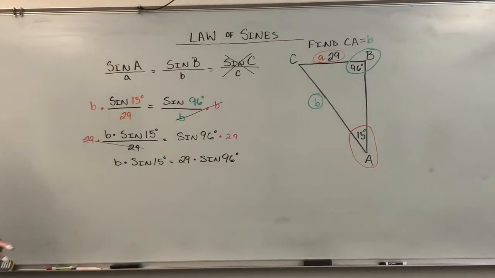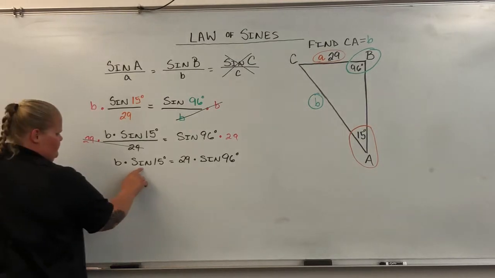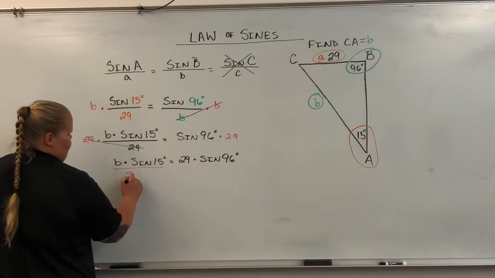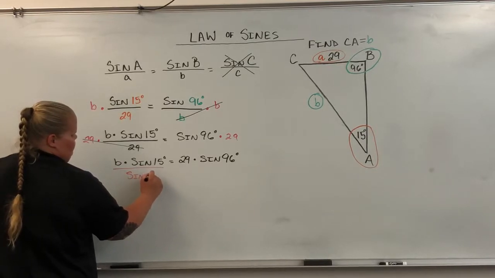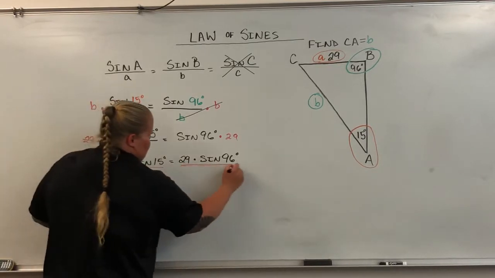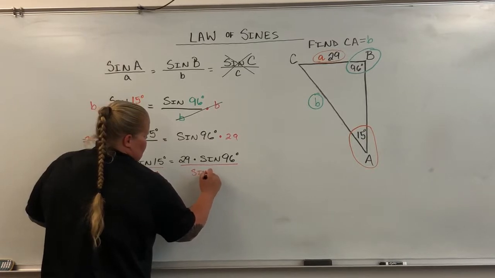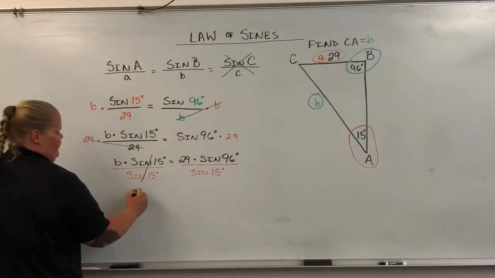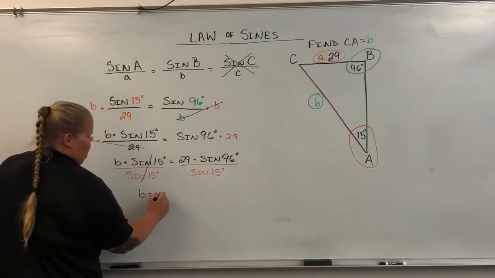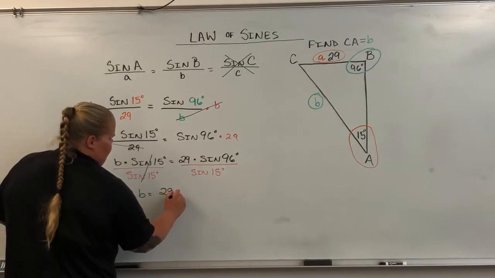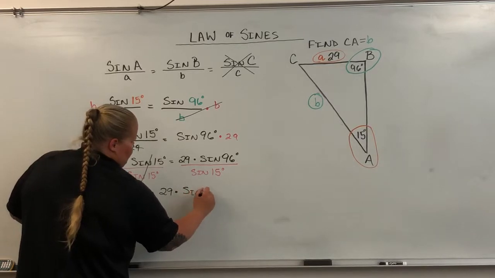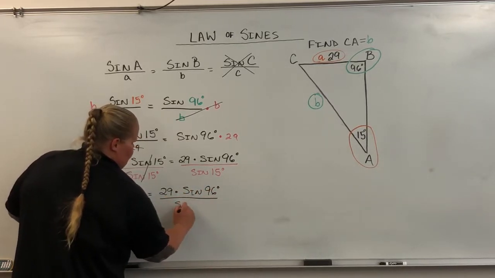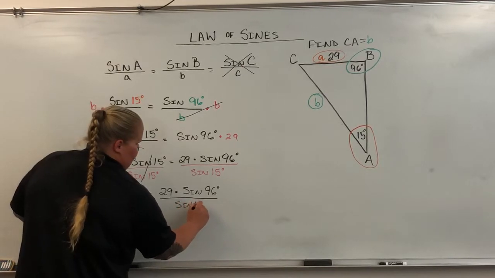The last piece I need to move is this sine of 15 degrees, and I can do that by dividing both sides by the sine of 15 degrees. Then these will cancel out, and I'm left with B equals 29 times the sine of 96 degrees over the sine of 15 degrees.